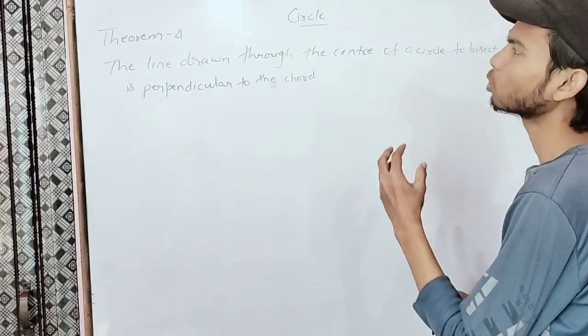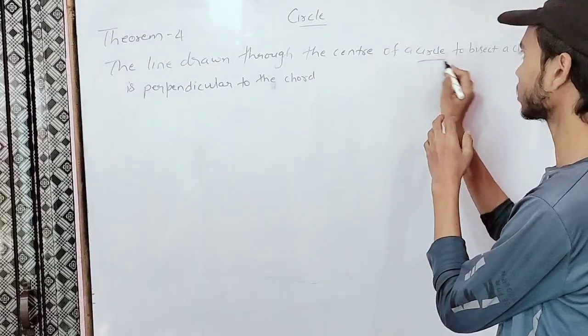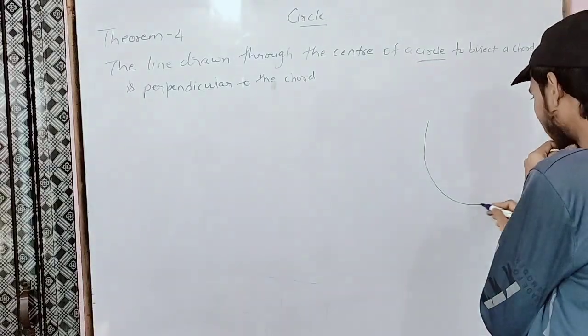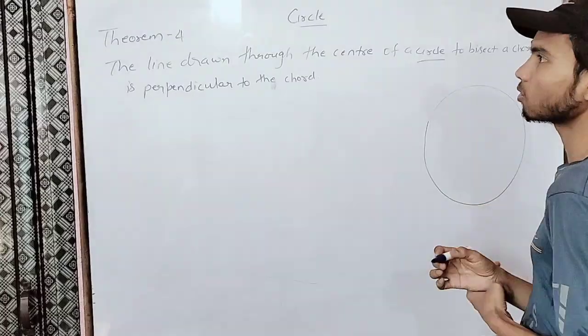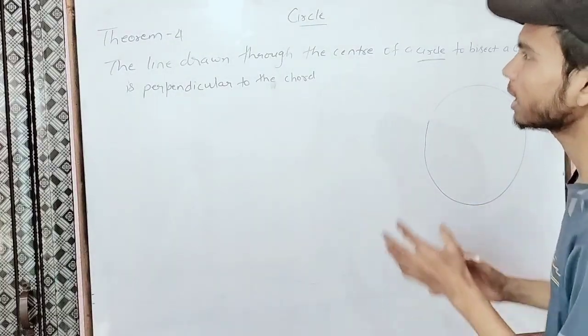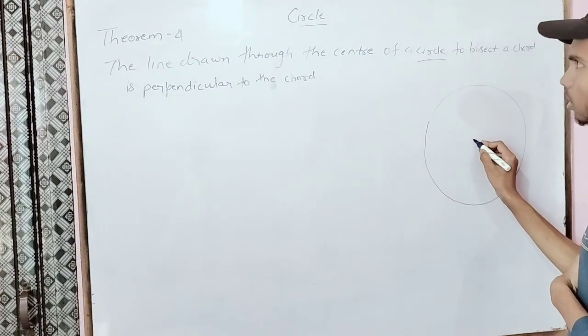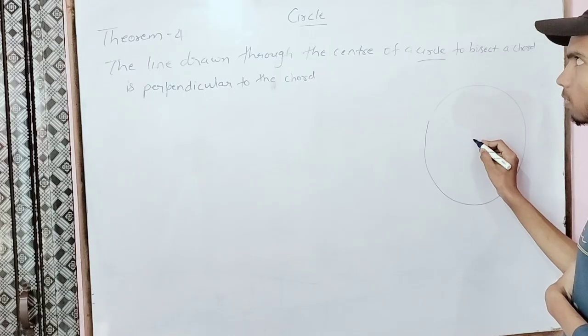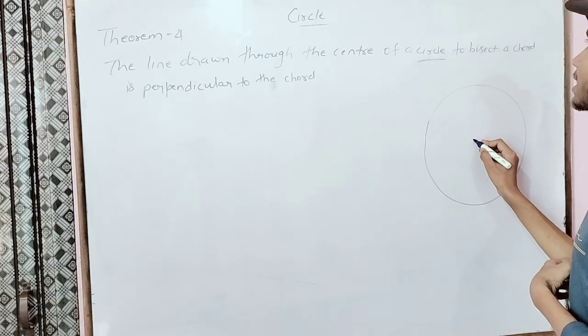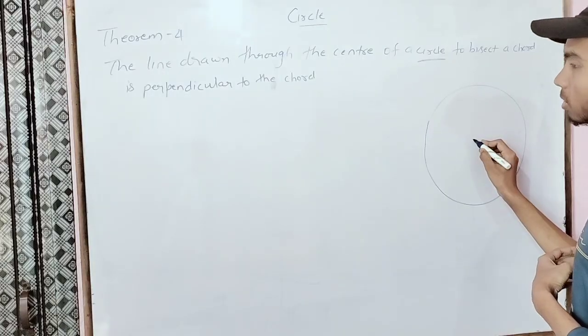The line drawn through the center, it is talking about a circle. Can we draw a circle? Of course. So a line which is drawn through the center of the circle to bisect a chord.